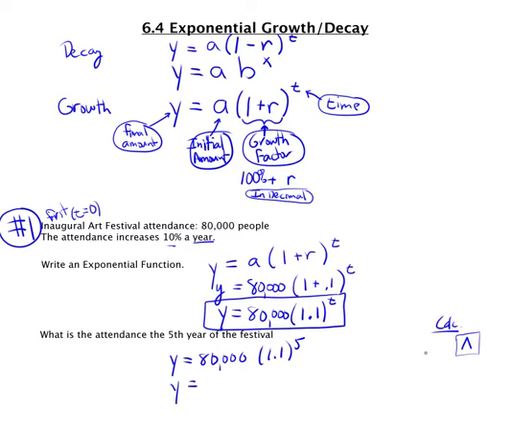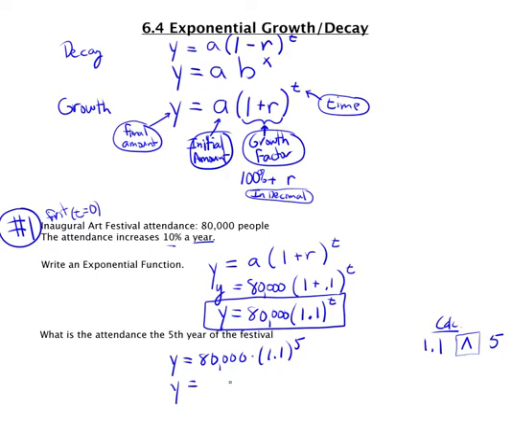So in the calculator, because this is multiply, we want to do our exponents first. So what we'll do is type in 1.1, then hit your caret, which means to the power of 5. So it's just a way to tell the calculator to go to the 5th power of that one. And then you're going to multiply, hit the times button and multiply it by 80,000.